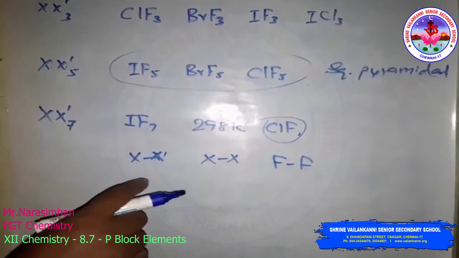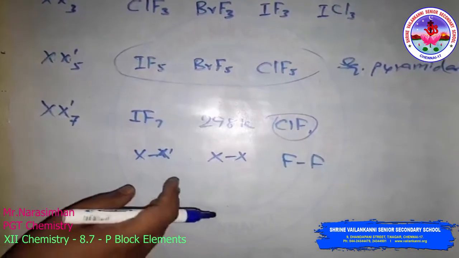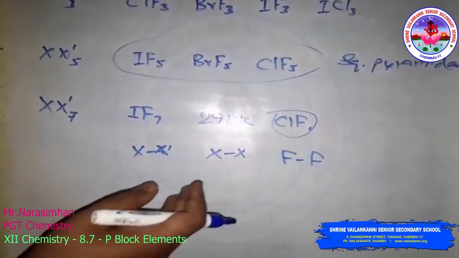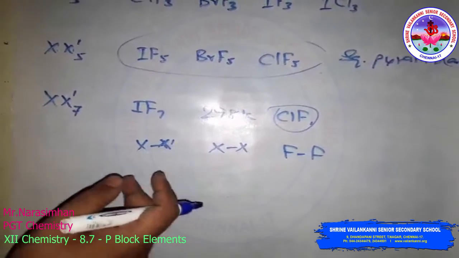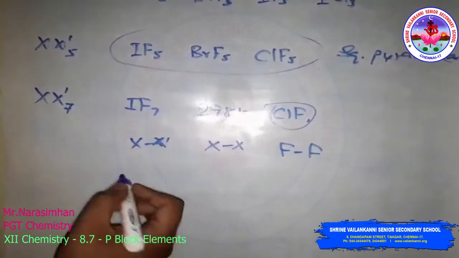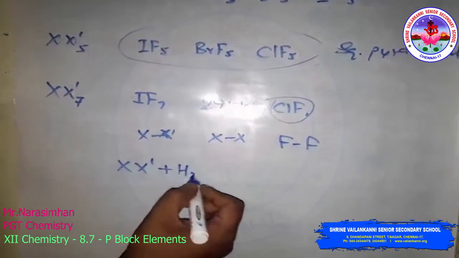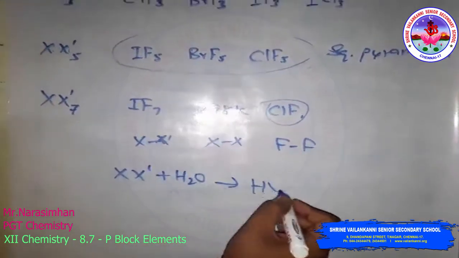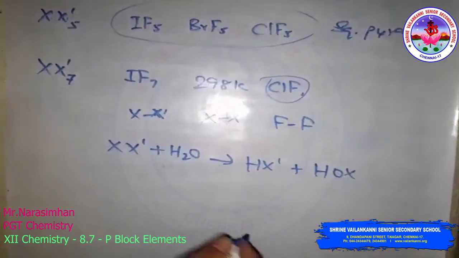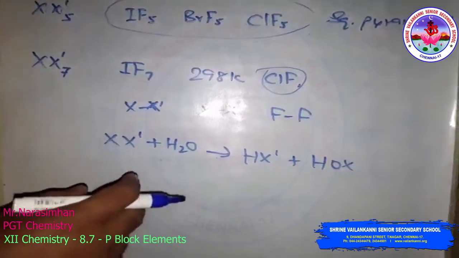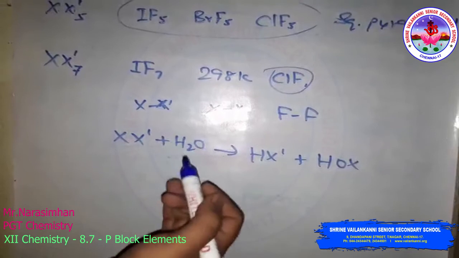So this undergoes hydrolysis, giving the halide ion derived from the smaller halogen and a hypohalite or perhalate from the larger halogen. You can see XX' reacts with water to form HX and HOX'. The molecular structures we can see with the help of VSEPR theory.